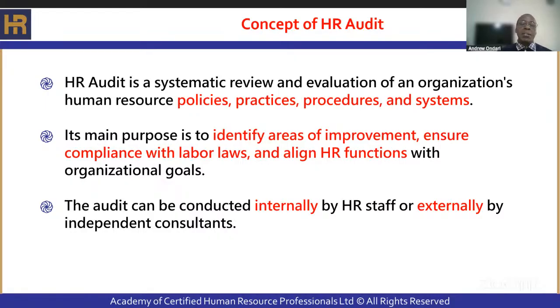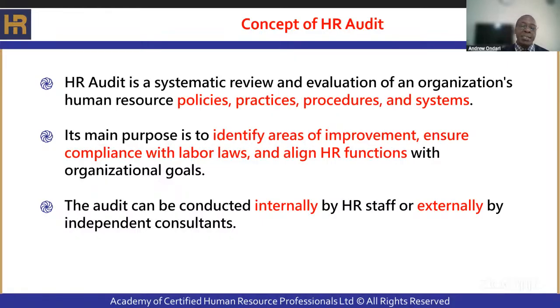Talking of weaknesses and gaps, this could be areas of improvement. For example, we may have employees, but their weakness is that they do not have relevant skills to function effectively. Or it could be a gap. For example, there is no training needs analysis. That becomes a gap.